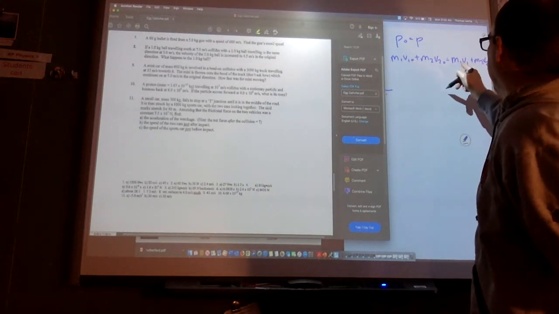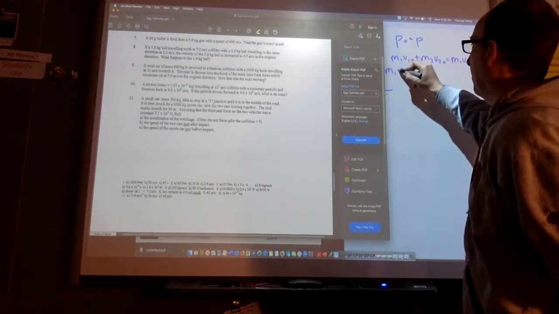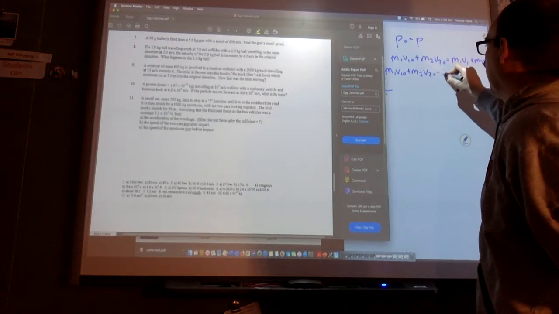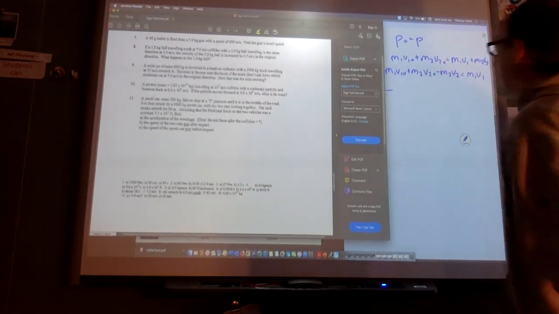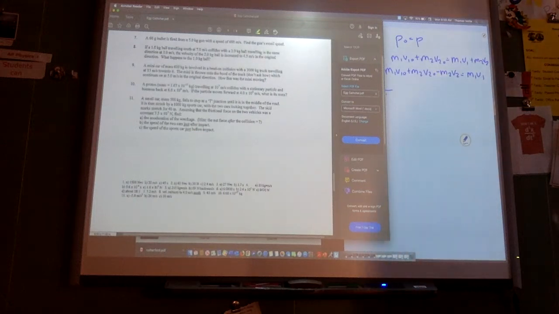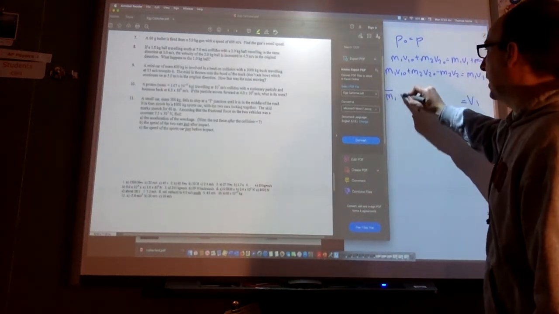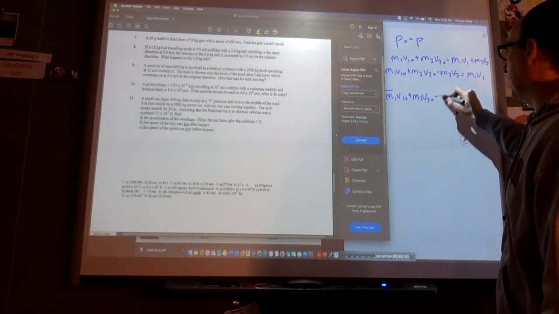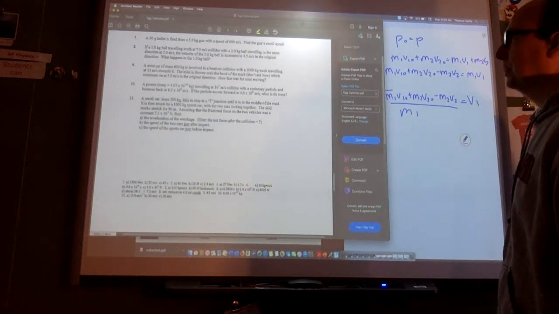I'm going to subtract M2 V2 to the other side. So I'm going to have M1 V1 naught plus M2 V2 naught minus M2 V2 is equal to M1 V1. And then I'm going to divide by M1. So I have V1 is M1 V1 naught plus M2 V2 naught minus M2 V2 over M1.